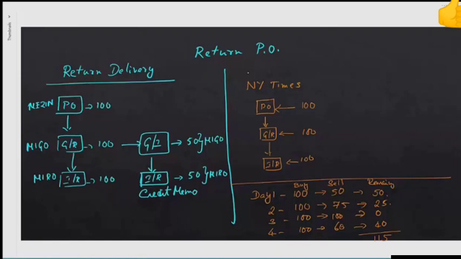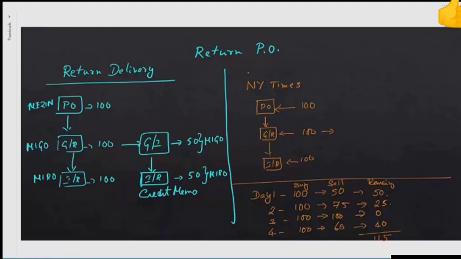Now, you don't want to go to the individual GR and start doing goods issues. It's very cumbersome. And you typically do it when there is defective goods or for some reason you want to return stuff. But this is not just returns. You don't want to even consider them a sale. Right? So this type of situation is handled using a return PO.